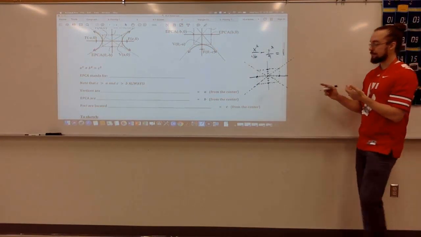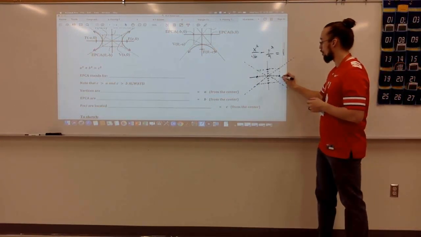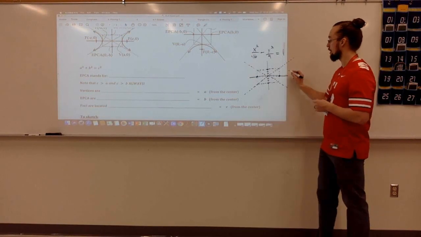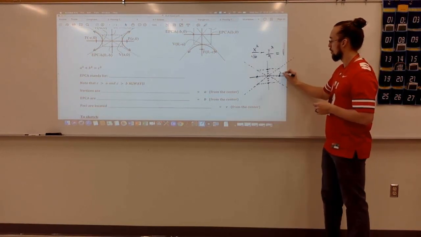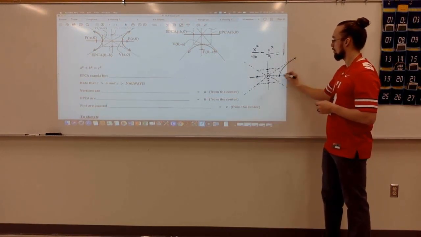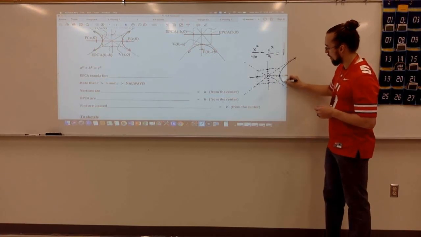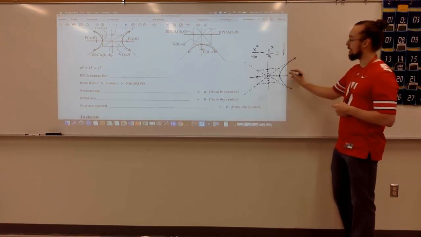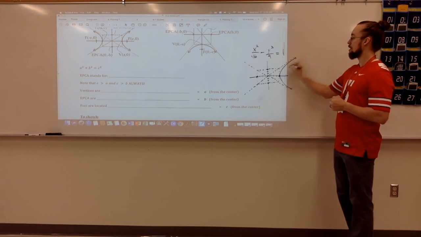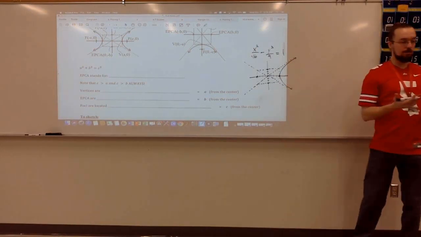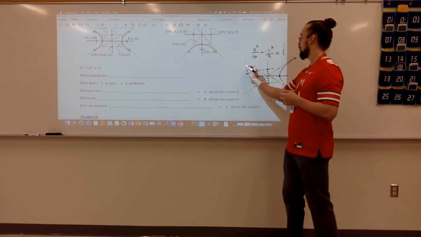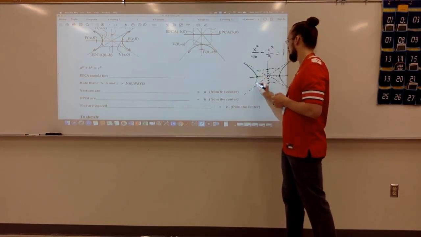So now, what all of this gets me is where my hyperbola goes. My hyperbola is going to be contained in this box and these diagonal lines, on both sides here.